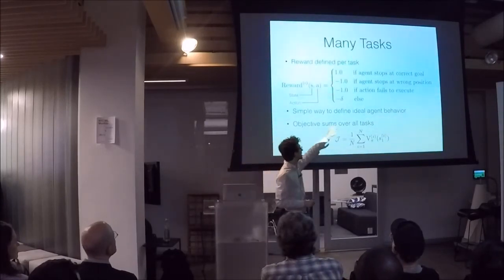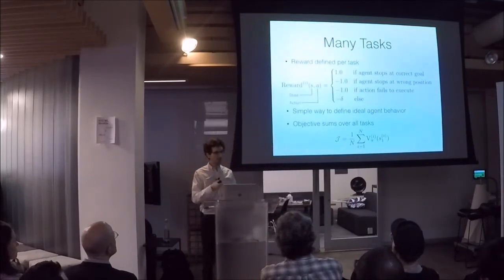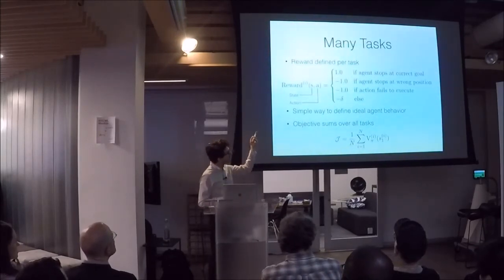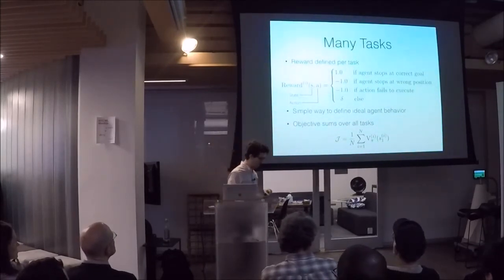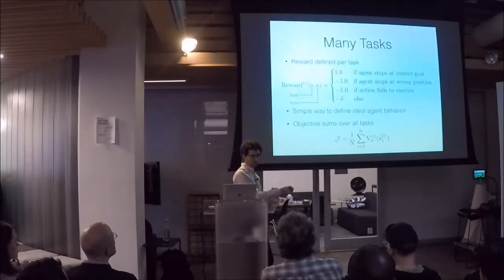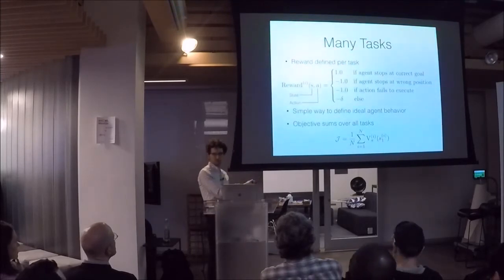And otherwise, we're going to give it this small verbosity penalty. For every action, it's going to get this small penalty that will encourage it to be more efficient. So what this reward tells us is basically, I don't care how you complete the task. You should complete the task, and you should do it relatively efficiently, and don't do anything stupid along the way.